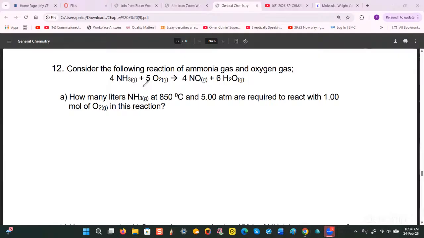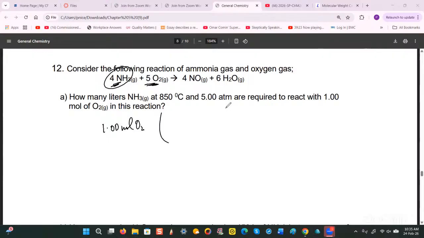So basically the way I'd approach this is that since the question is asking for how much of this is needed to carry out this reaction, I would first find out the number of moles of this using the moles of oxygen, right? And according to the question, the moles of oxygen is 1.500 moles of O2.